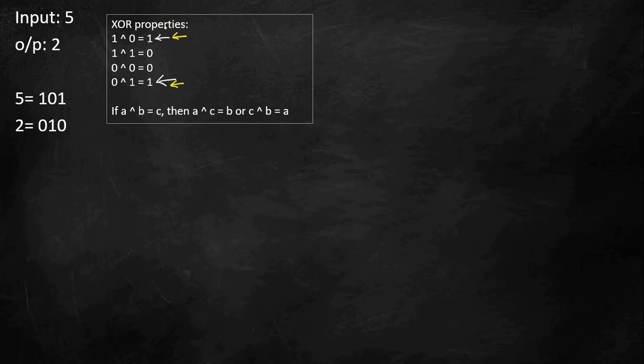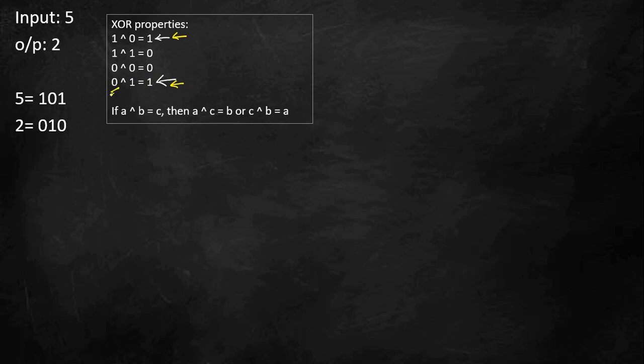Now the other property: if I am XORing 1 with any number, the output that I am getting is the flip of that number, the opposite of that number. In binary the opposite of 1 is 0, and of 0 is 1. So if I XOR 1 with 1, the output I get is 0, and if I XOR 1 with 0, the output that I get is 1.